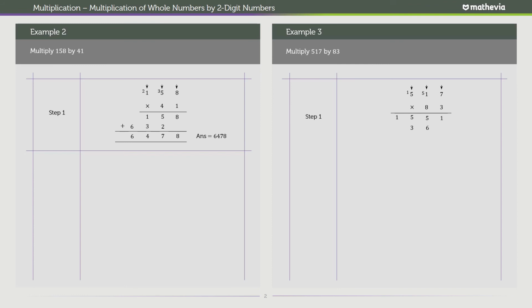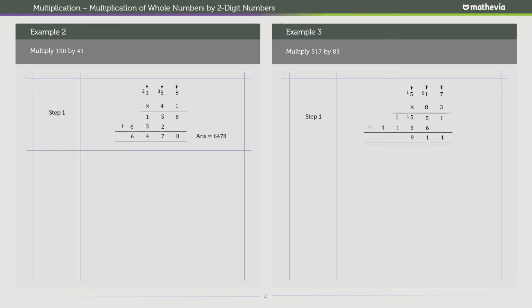Okay, and then we're multiplying 5 now. We have 8 times 5 gives us 40, plus 1, we have 41. We just go ahead and write 41. And now that we've multiplied by 3, we've multiplied by 8, we just go ahead and add our results. So we have 1 plus nothing is nothing. And we have 5 plus 6 gives us 11, so we have 1, I'll carry 1.